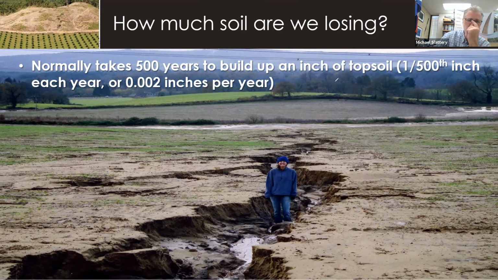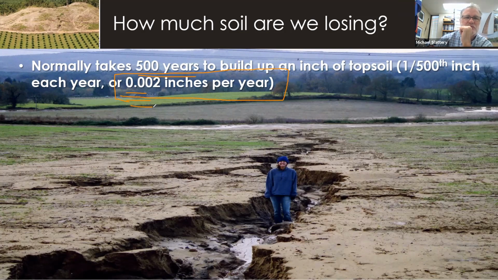So we use an average of about 500 years to build an inch of topsoil. In other words, you are building 0.002 inches per year, 1/500th of an inch each year. 1 divided by 500 gives you 0.002.